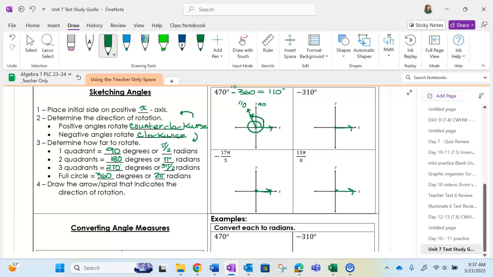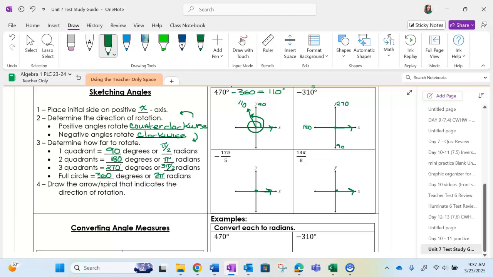Now, negative 310, that is not all the way around once. That is less than that. But we are in the negative direction, so we are going clockwise. This means 90, this always means 180, but up here means 270 because we are going backwards.